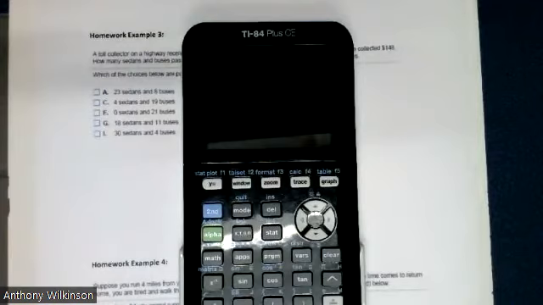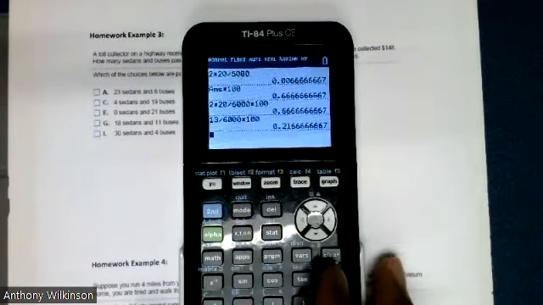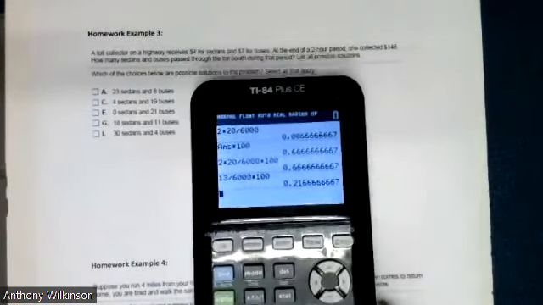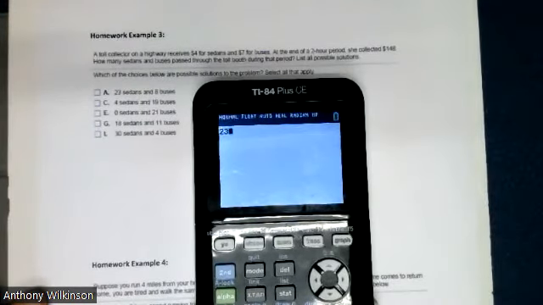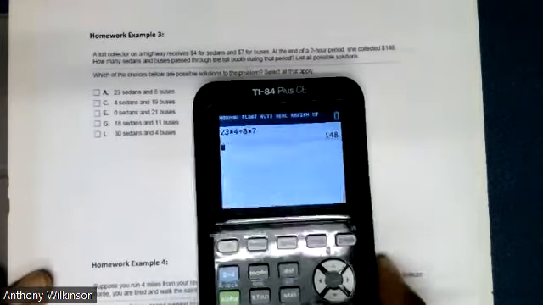Let's start with this one, 23 sedans and 8 buses. Keep in mind the sedans are $4, so 23 times 4, plus 8 buses at $7, 8 times 7. In this case, you do get $148, so that's one possible choice: 23 sedans and 8 buses.